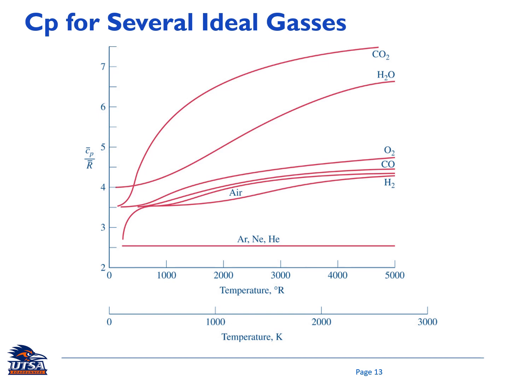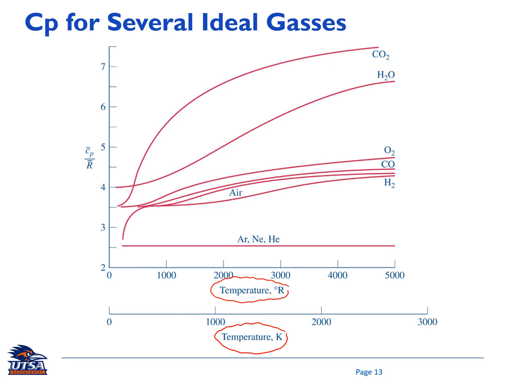This chart is showing Cp for different gases, such as CO2 and H2O, as a function of temperature. This is in degrees Rankine, but you see here there is a second horizontal axis showing the temperature in SI units, in Kelvin.